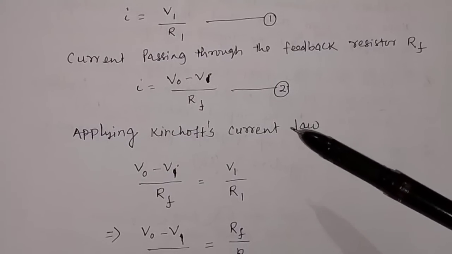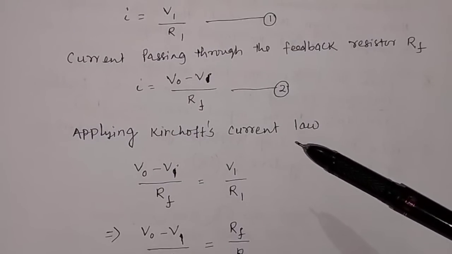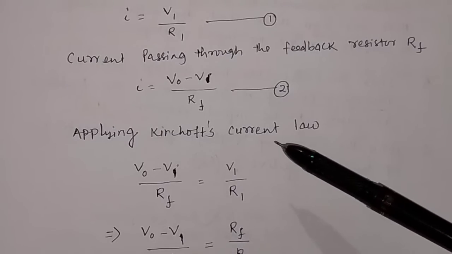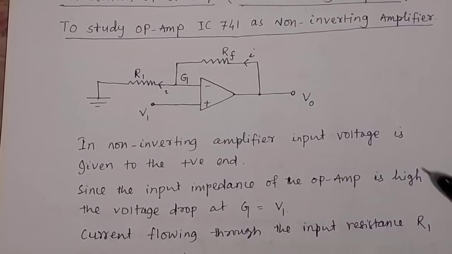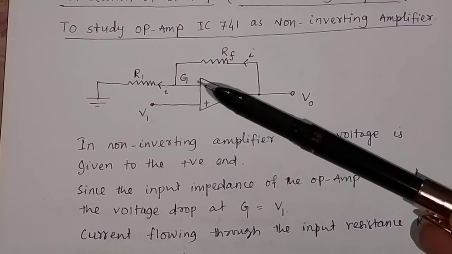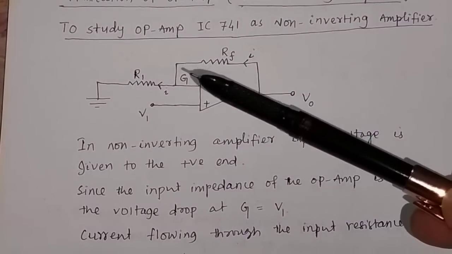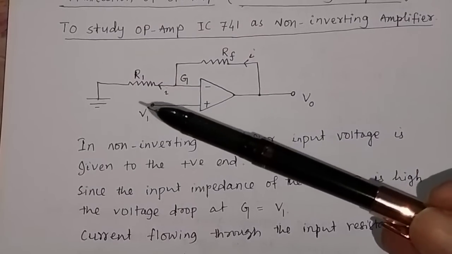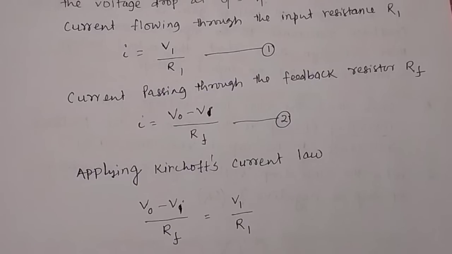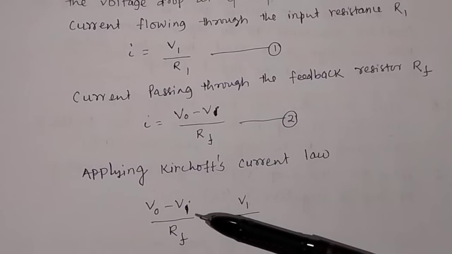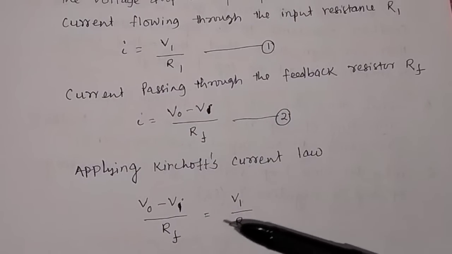From Kirchhoff's current law, we know the total incoming current is equal to the outgoing current. From Kirchhoff's junction rule, the incoming current here must be equal to the outgoing current. So you can write V0 minus V1 divided by RF must be equal to V1 divided by R1.